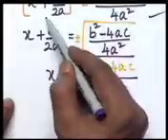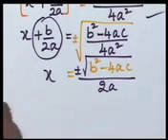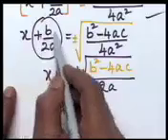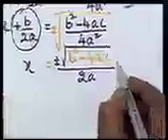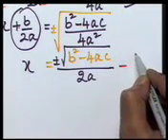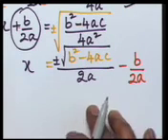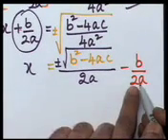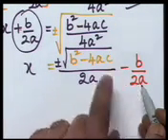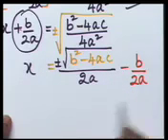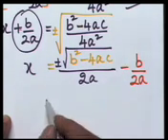Do you agree the plus b over 2a fraction moves to the right hand side, which should be minus b over 2a. So just go there and write minus b over 2a. All right? Now this is quite easy because the denominators are the same, right?